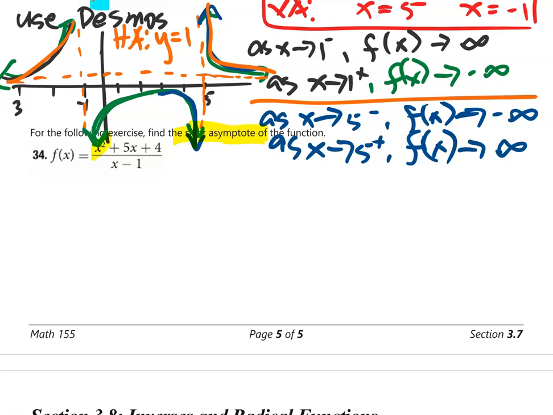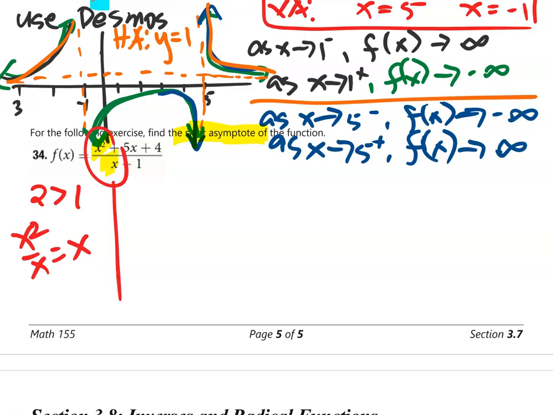The degree of the numerator is 2, the degree of the denominator is 1. 2 is greater than 1, only greater by 1. So you expect that it's going to be a line, which is a slant line, and we call it a slant asymptote. Or think about it this way, x squared over x is equal to x. So if it's just x, it's going to be a line. Okay, but how do we do that?